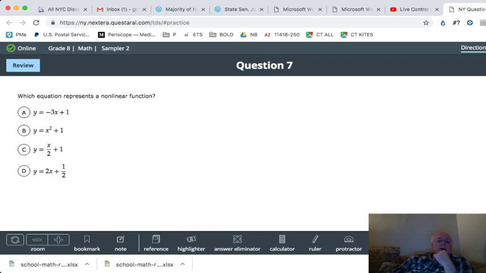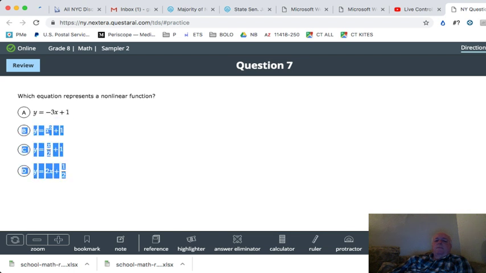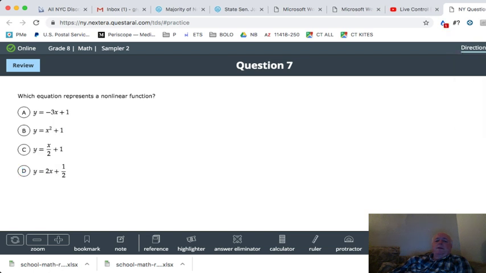Okay, 7. Let's see what we got here. Which equation represents a nonlinear function? So first of all, we know a linear function is in the form y equals mx plus b. Wait, let me fix this. I don't know what happened here. So A is in y equals mx plus b, because it means 1/2 of x, so m is 1/2 plus 1, so that's in the form.